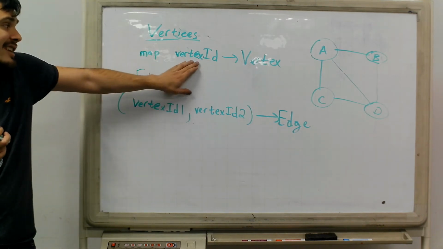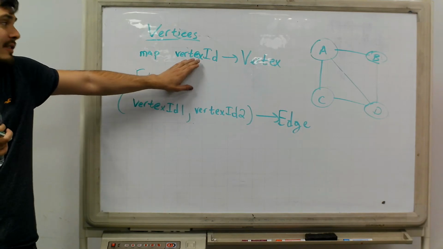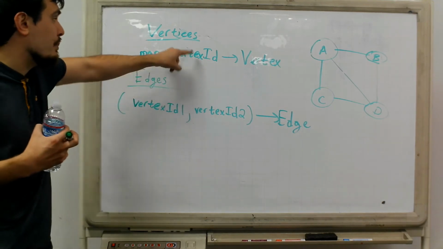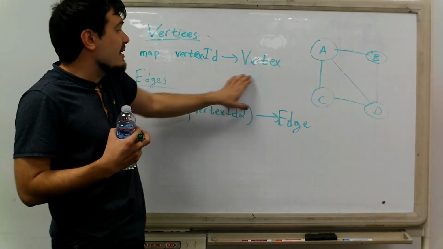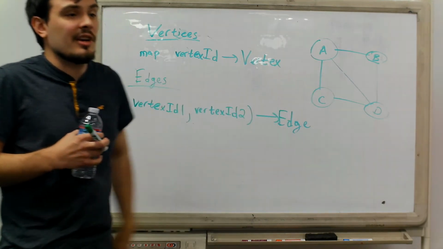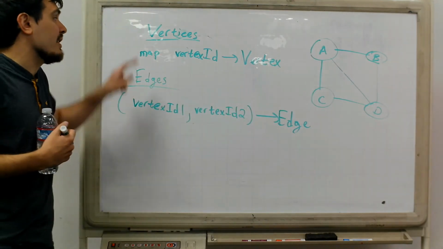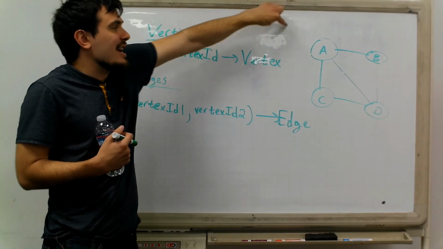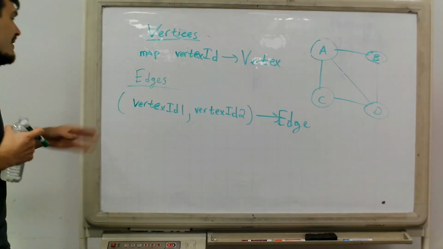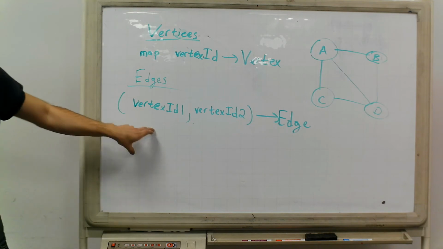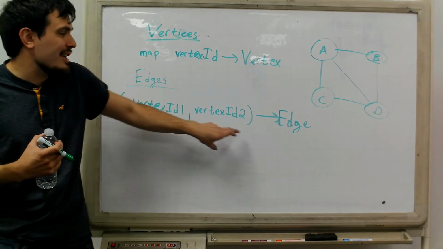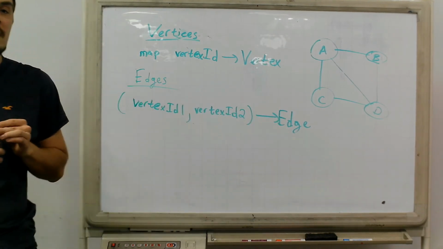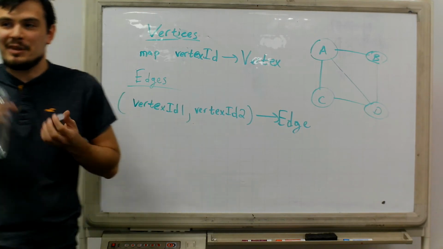And you would have an index on the vertex ID column, so you can look up by it. And then all the other attributes would just be stored as other columns. So you would have person ID, birthday, name, age, whatever. And then for edges, you would have person ID 1, person ID 2, and then any metadata information about edges, friendship start date or whatever.